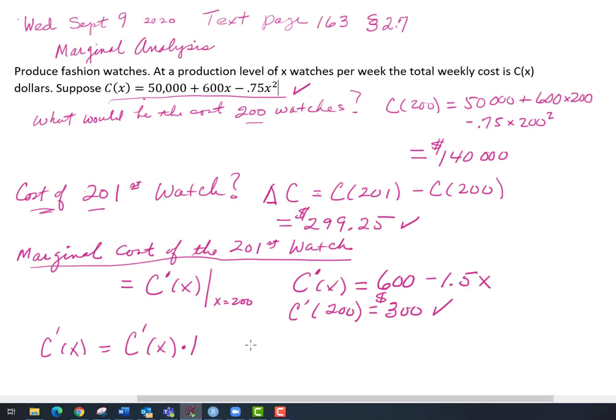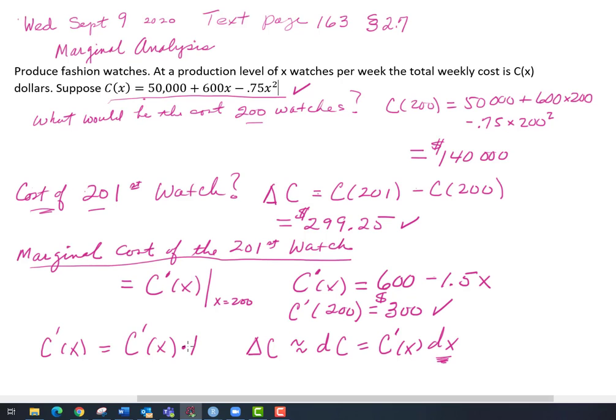Now remember that in the previous work we found that delta C would be approximately equal to dC using the differentials, and dC would be equal to c prime x dx, where dx was the amount of change we were talking about.